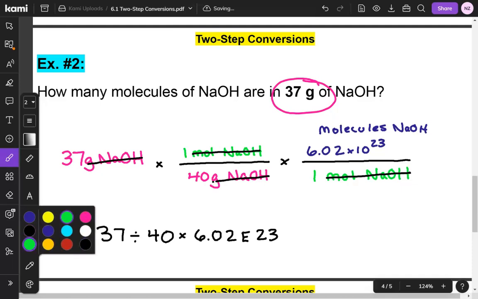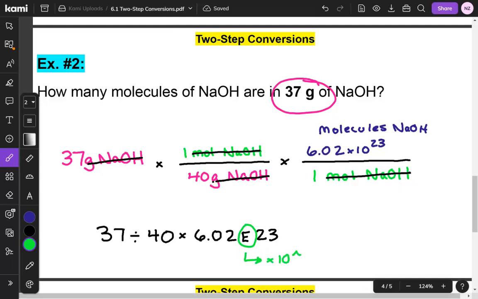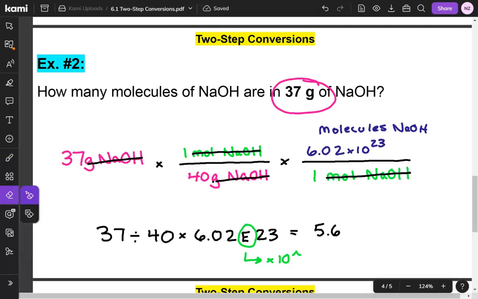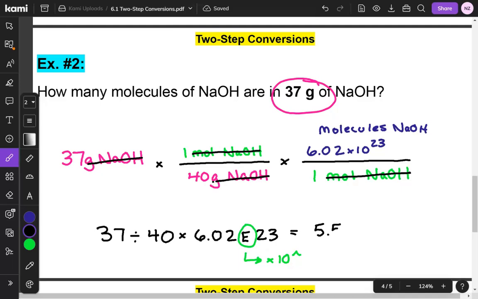That E button, remember, is the same as times 10 and then caret. So whatever number comes after that is our exponent. When I put this into my calculator, I get 5.57035 E 23.